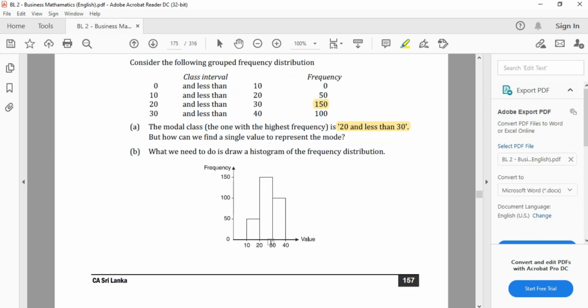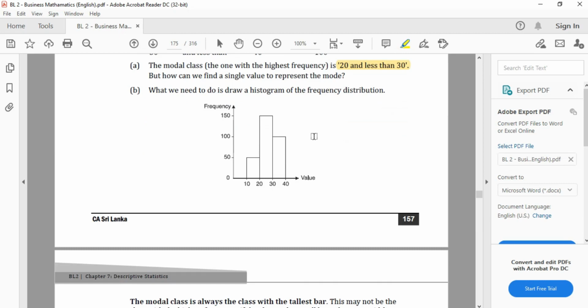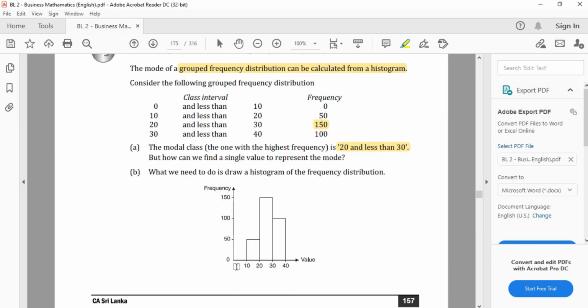For this, you first of all have to draw a histogram for continuous data. Now, continuous data histograms, as you would refer back, are all connected. They don't have gaps between the bars, right? So once you draw your histogram, 0 to 10 you have nothing, so there is no bar here.